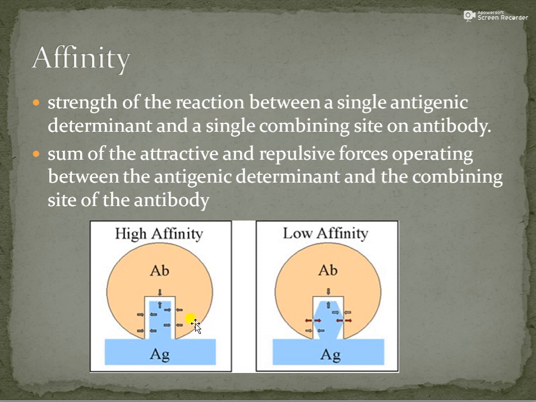In the first figure, the epitope and the paratope have a high affinity because they fit in properly. In the second case, there is a difference in the structure, so they have a low affinity. Here AB refers to the antibody. The strength of binding is referred to by the term affinity.